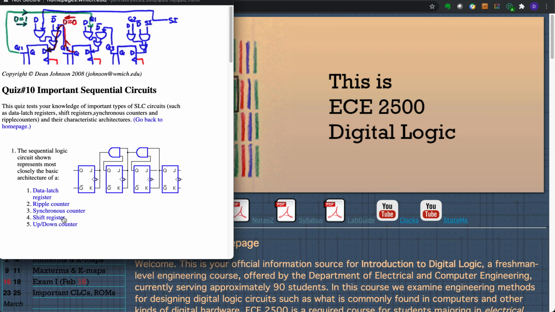It'll either be a data latch register, a shift register, JK or D. It'll be a synchronous counter, which is this circuit here, or it could be the ripple counter that I'll be getting to here shortly. Be aware of that for the future exam.